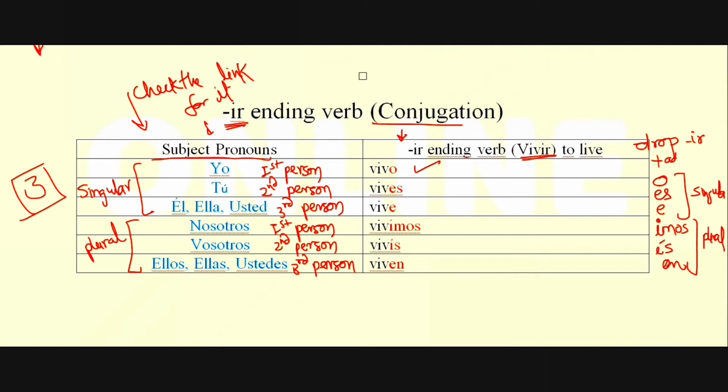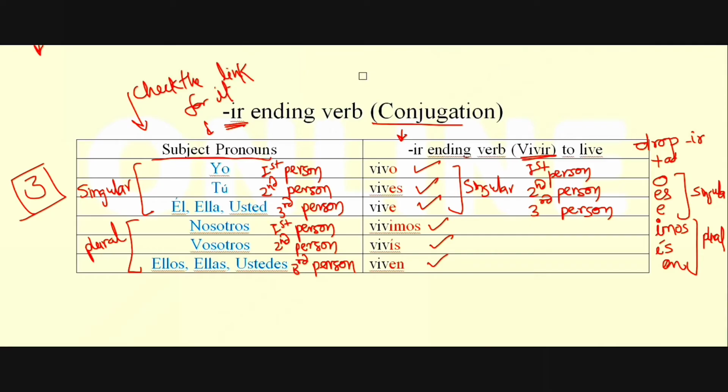Let's do the conjugation now. Vivo, vives, vive, vivimos, vivís, viven. First three singular: vivo, first person singular; vives, second person singular; vive, third person singular.